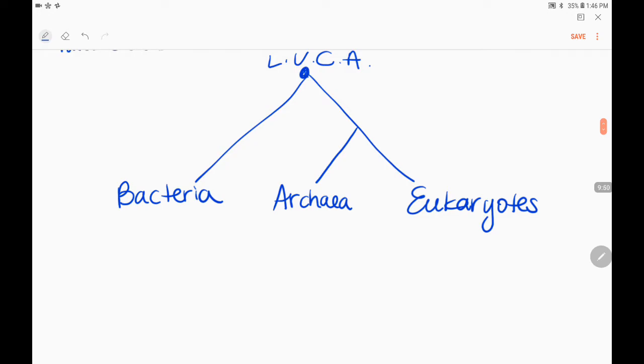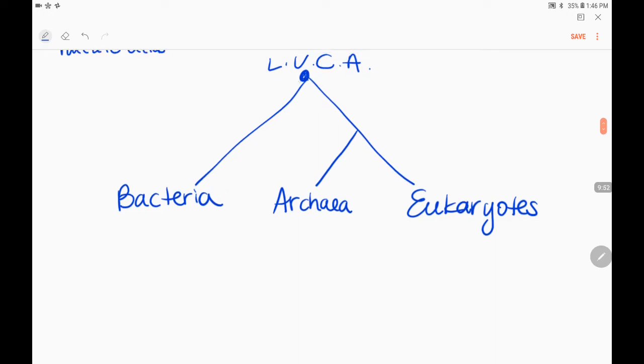Somewhere back in history, there was a branch, and these guys to the right got bigger because we know eukaryotes are big. And these guys stayed small. And they have one cell, so they're single-celled. So that happened somewhere back in time. But these guys are also small and single-celled.